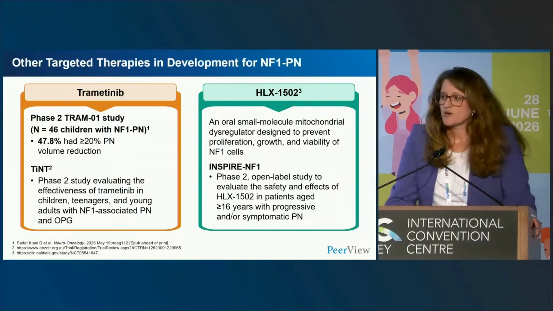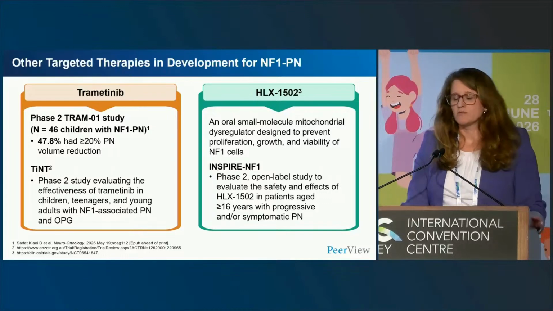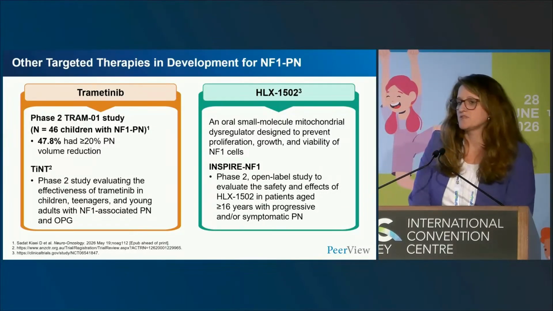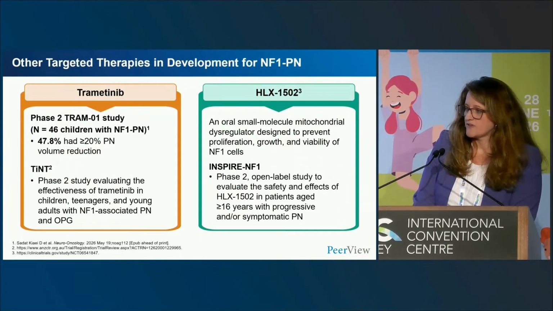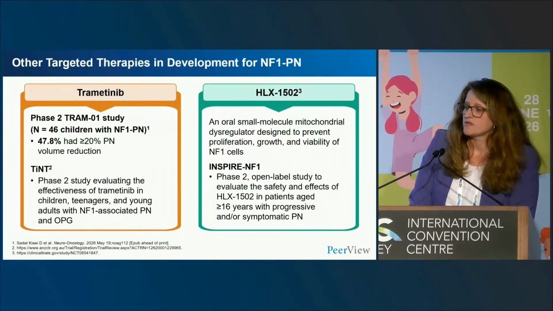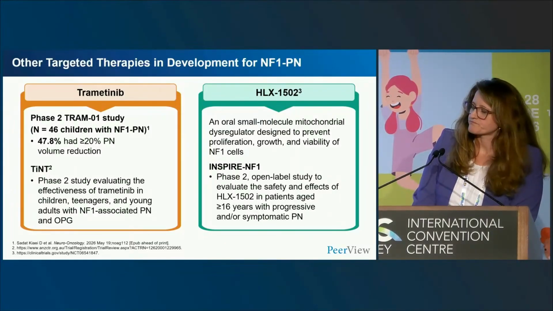A few other targeted therapies that are in development that we wanted to highlight. Trametinib is another MEK inhibitor. The TRAM study, looking at children, also showed shrinkage of tumors. And the TENT study is a phase 2 study looking at children, teenagers, and young adults with plexiforms and OPGs.